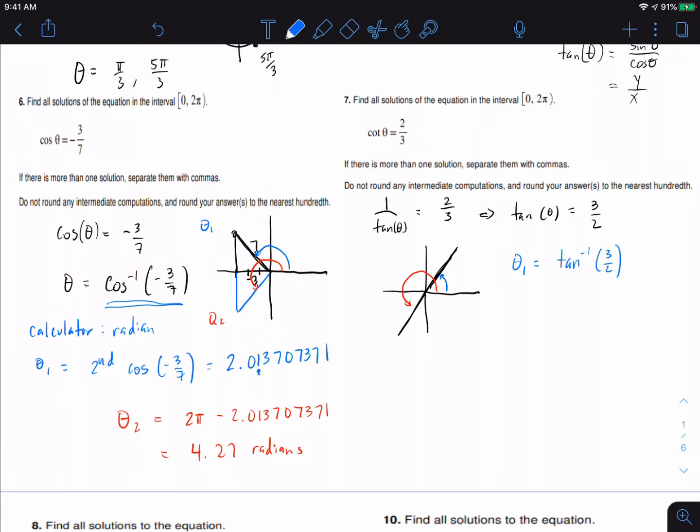So I'm going to go tangent inverse of 3 divided by 2, and that's going to give me my theta angle of 0.9827. So that means my angle should be this. Okay? Now, something interesting. Because this is a straight line, to get to this point from here, isn't that just half of a circle rotation?